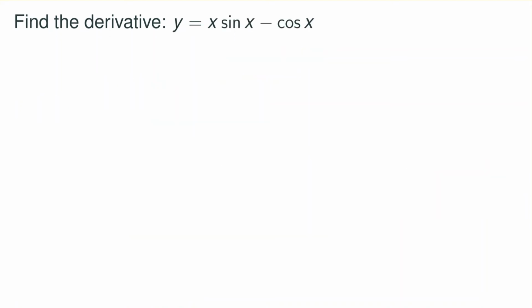Find the derivative of x times sine x minus cosine x. Now if you look at here, first you need to be able to recognize that you have to use product rule here. This is just regular taking derivative of cosine. So if I take y prime, here I have to use product rule.